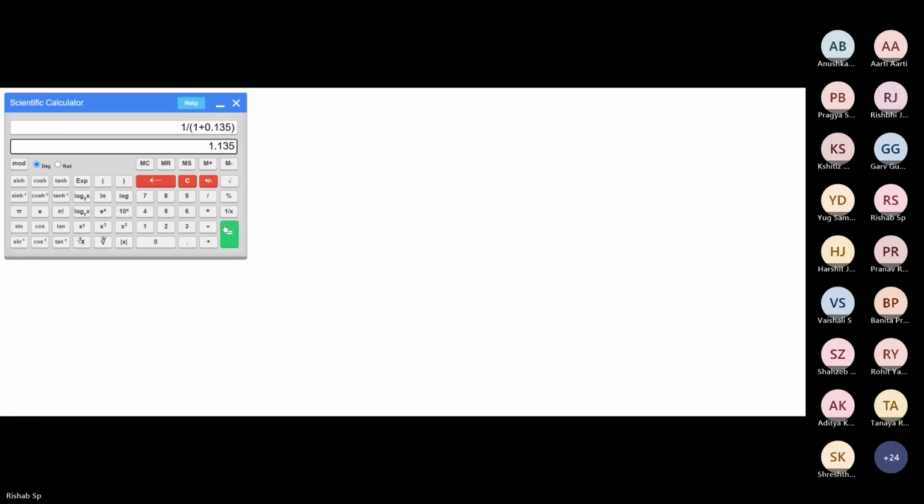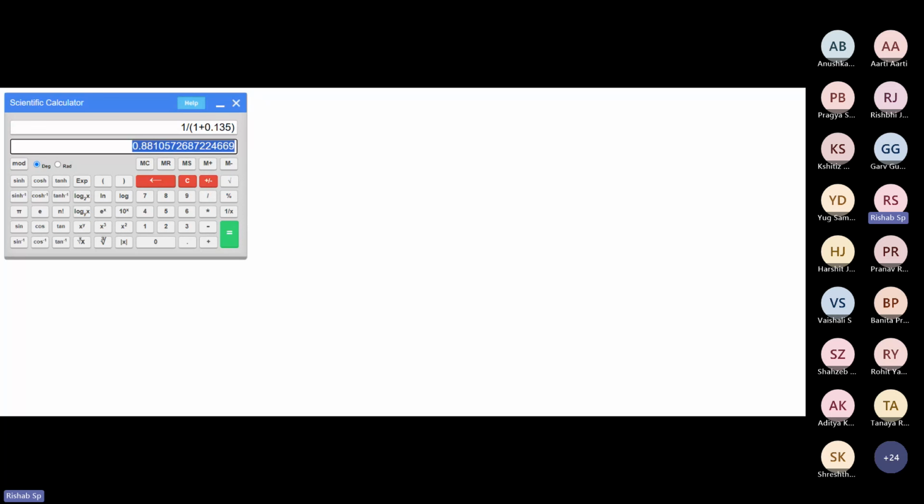Done. The answer is 0.88. You can verify this: if it lies between 0 and 1, mostly your answer will be correct. If not, it is wrong, because we need a probability. So the probability of making a sale if all 3 are yes is 88%. So the answer is 0.88.